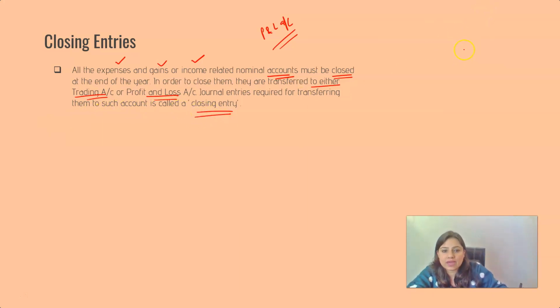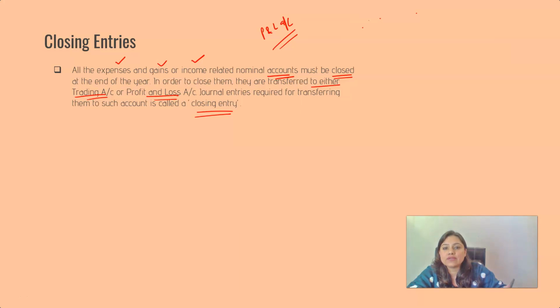So how do we start drafting the financial statements? Once the ledger accounts have been prepared for all the respective asset, liability, income, and expenses, then such incomes and expenses are closed, and such nominal accounts would be moved to the P&L account.